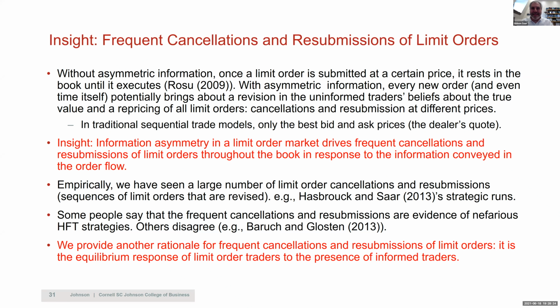But it's important to understand that when you've got a limit order market structure under asymmetric information, this should be the state of affairs. So this provides a rationale for these constant revisions in limit orders. Before that we probably haven't seen it just because there were too many frictions, very large tick size, very costly. Technology brought down the cost of revisions dramatically.